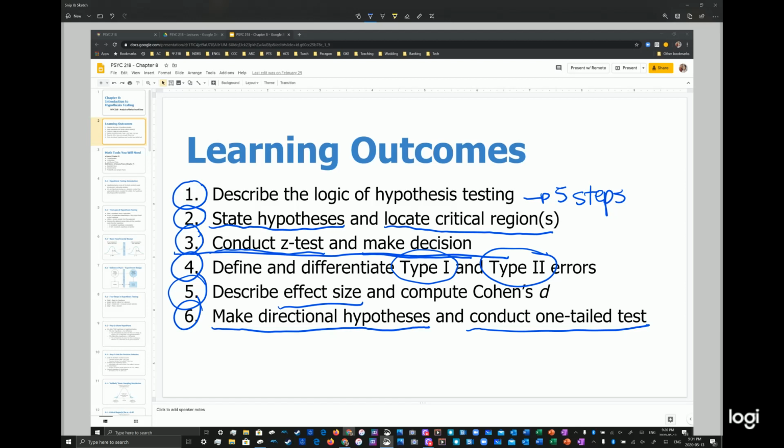This would help us determine whether we want to do a one-tailed test, that is a directional test, or a two-tailed test where it's bidirectional or non-directional because you're not looking at one particular direction and you're just looking for a difference. And we'll distinguish those as well. So those are our 6 learning outcomes.